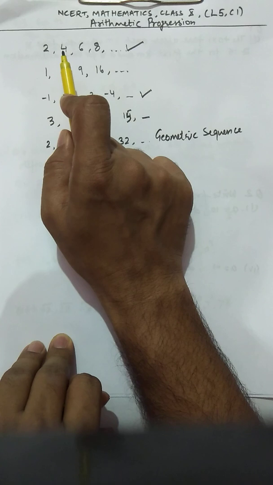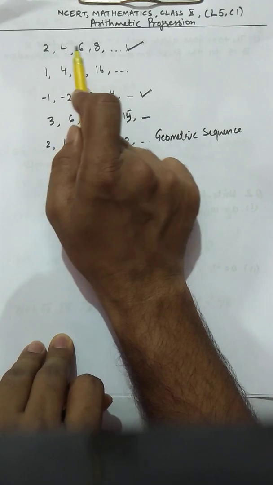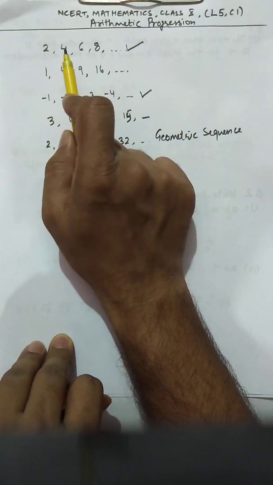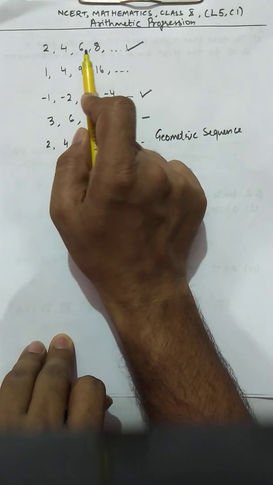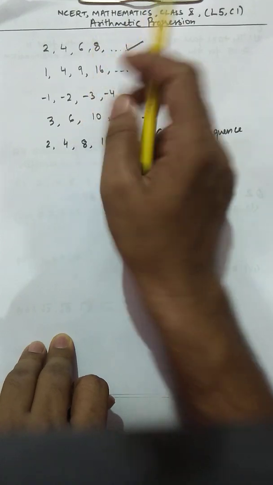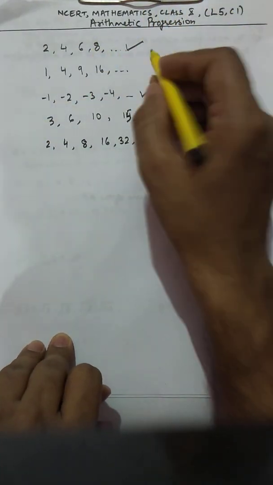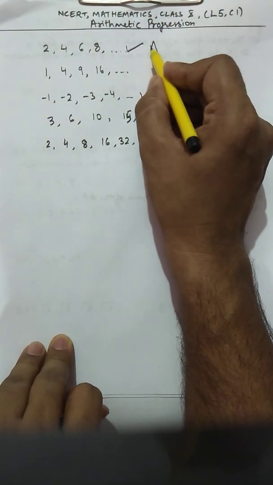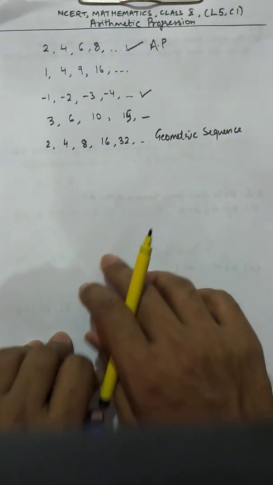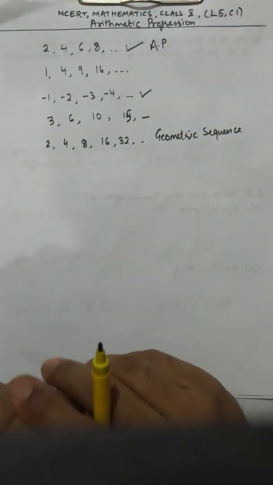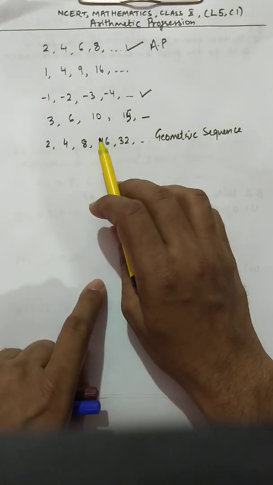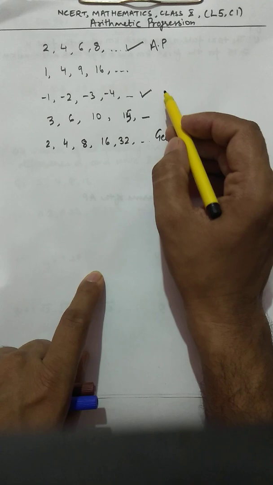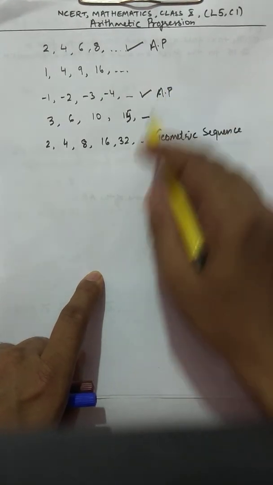Now after 4 you again add that fixed number, which was 2, so you add 4 plus 2 is 6. Again you add that fixed number, 6 plus 2, this is 8. So this way you can go ahead, and when you observe this type of special pattern, this is called an arithmetic progression.